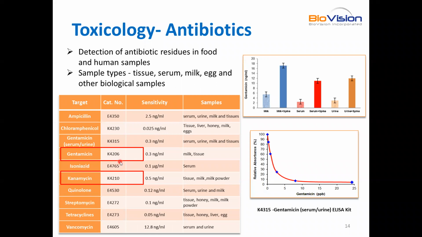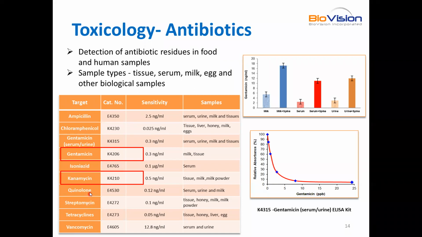If you have a customer who would like an ELISA kit to detect gentamicin in their samples, I would highly recommend this kit. We have sold thousands of this kit so far and have never received any complaint. It is our top-selling product, gentamicin K4206. Besides that, some other popular ELISA kits are kanamycin, ampicillin, and streptomycin ELISA kits. These are also our good-selling products.